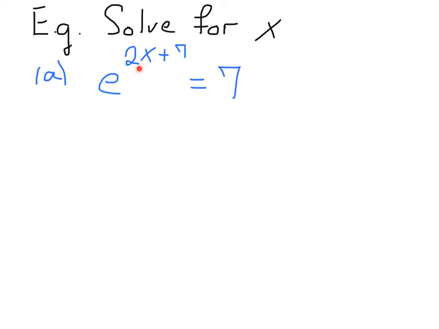If you're trying to get rid of a multiplication, you would use a division, the inverse operation to multiplication. And when you're trying to get rid of an exponential, you take logarithms, because remember, the logarithm is the inverse to an exponential function.